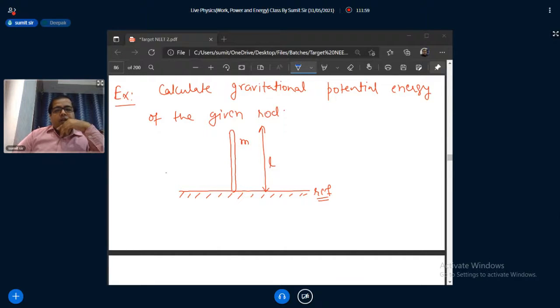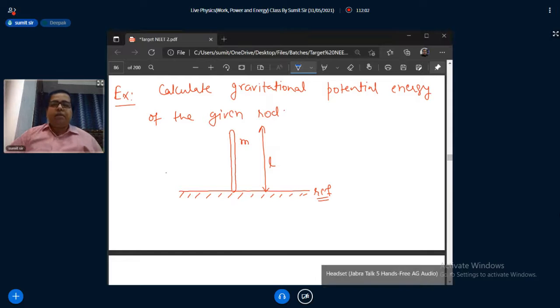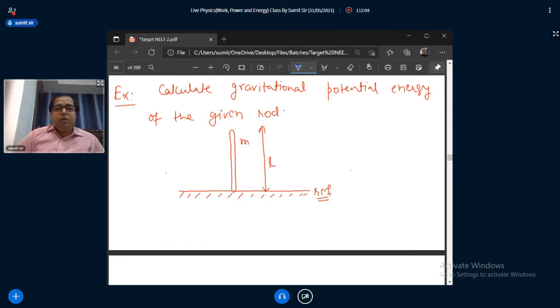Okay. See the first one. After that, let's just try. You know that if a point object is kept at height h, then you can write U is equal to mgh.